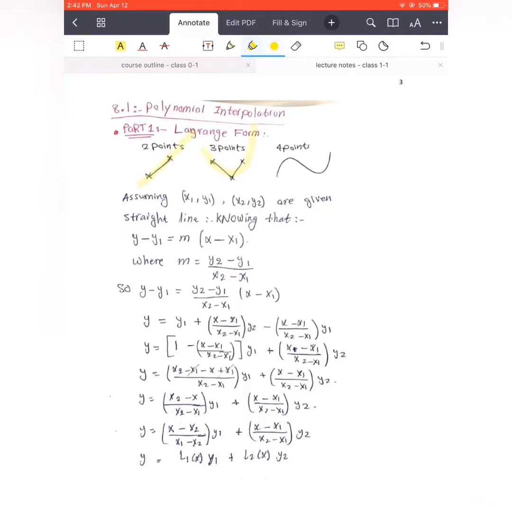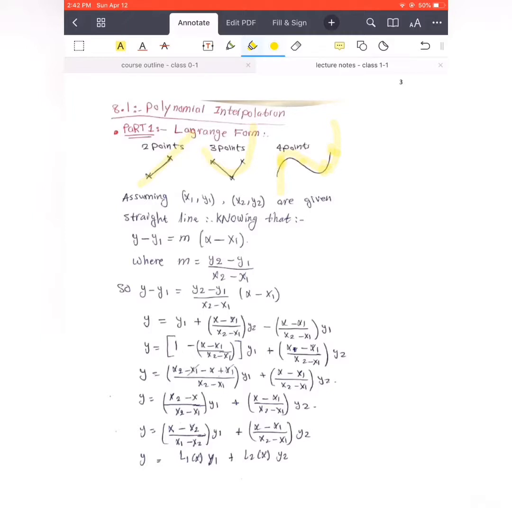If you have 4 points, it means you can fit a polynomial of degree 3, and so on. Now let's explain the simplest one, 2 points, which you have exercised a lot in the past, in pre-calculus, and also in secondary school.